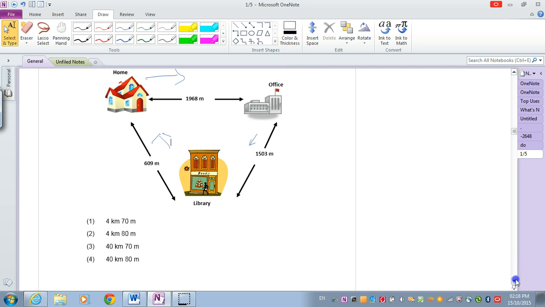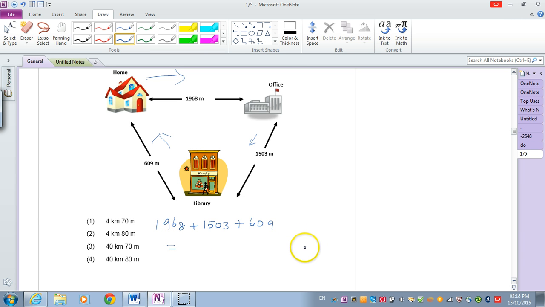So what is the total distance he travels each day? Okay, so we have to add the total distance. So it will be 1968 plus 1503 plus 609. Okay, so let's do two of them first.